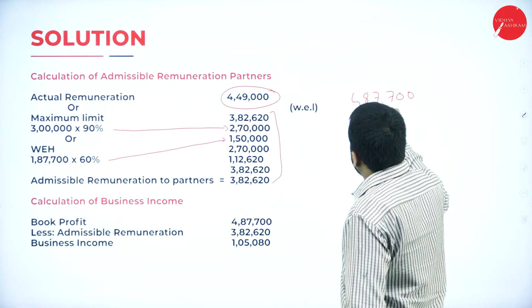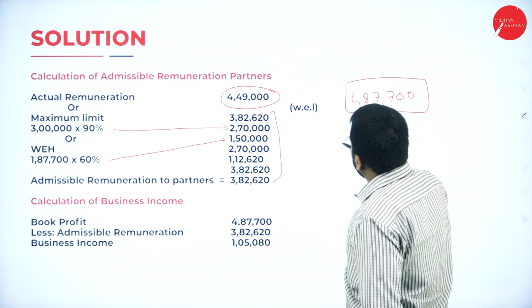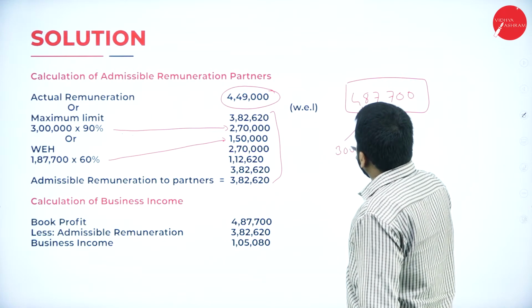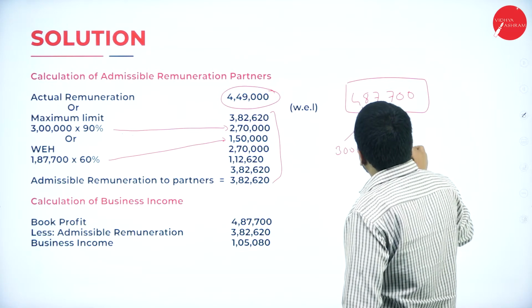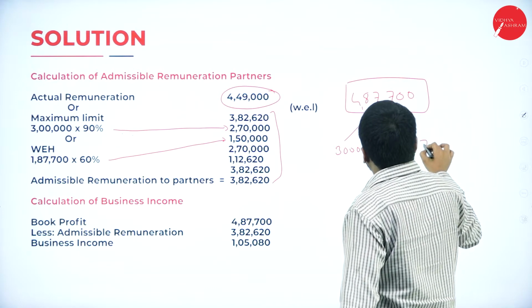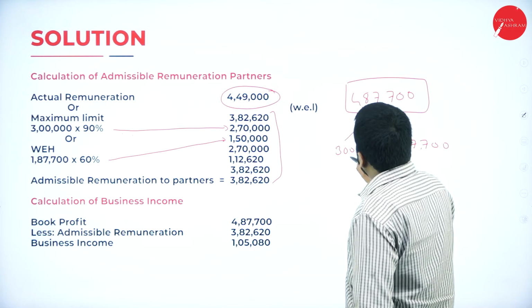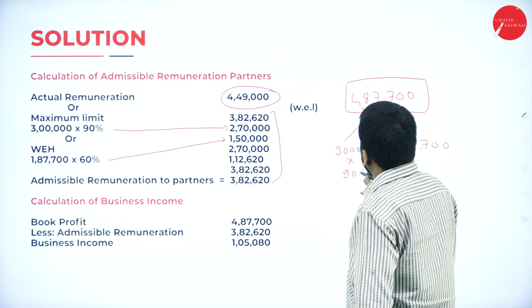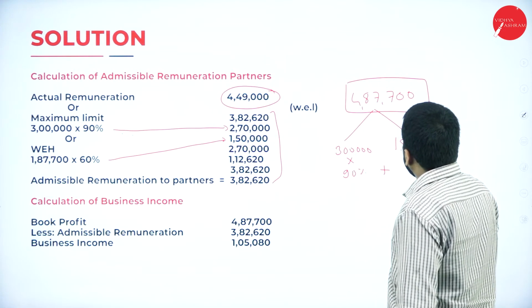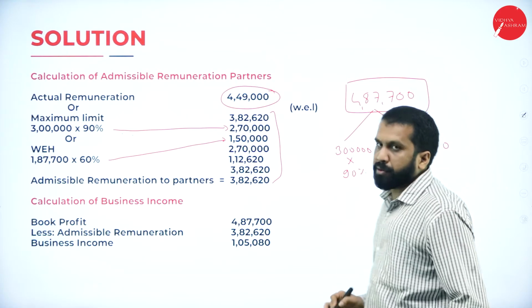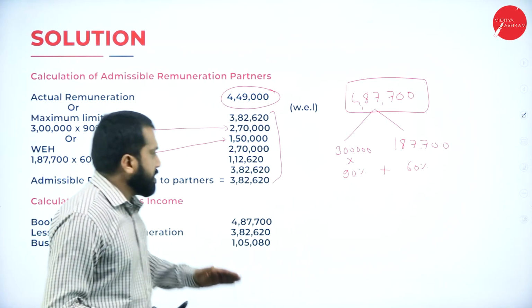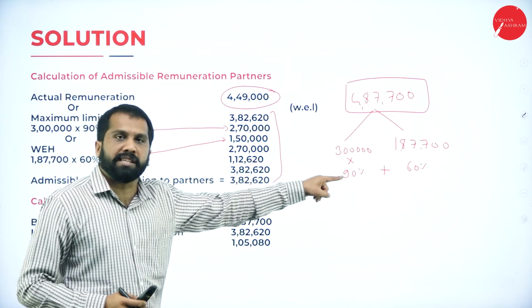4,87,700. In this, what we have done? We have classified into up to 3 lakh, and above 3 lakh is 1,87,700. On this 90%, on this 60%. Hope you are clear. So if it is confusing, you can use this format.